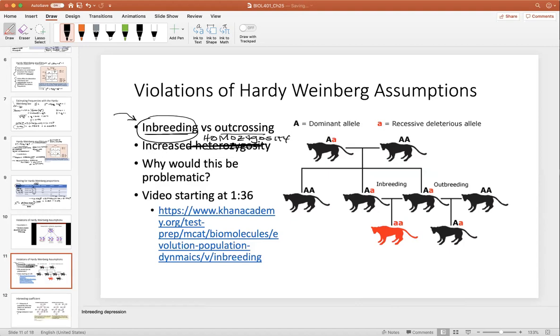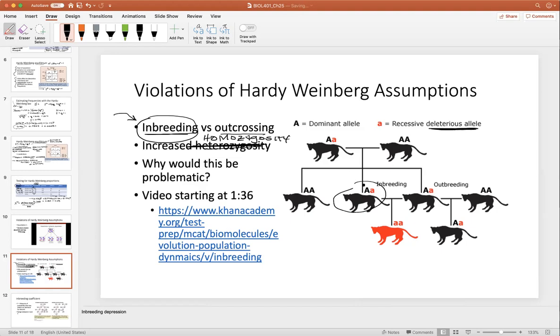Well, what do I mean by that? Let's look at this example, okay? And let's say that big A is your normal dominant allele and little a is a recessive allele and it happens to be problematic. Maybe it is some disease or something like that. Okay, so in this example, we have a carrier, a heterozygous carrier, who's healthy because she's heterozygous, okay? And she's mating with a homozygous individual, and they have some babies, okay?